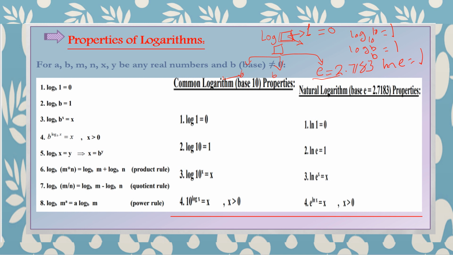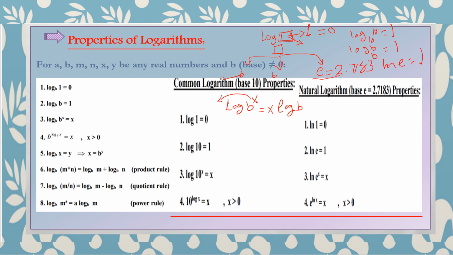Another property: when we have log b to the power x, for any base 10, b or e, we bring the x before the logarithm, so this equals x times log b.